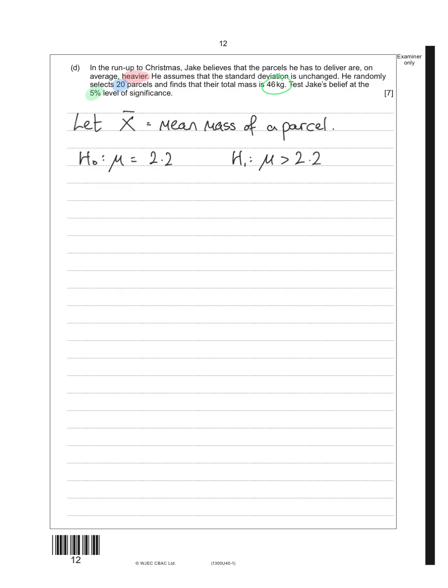Under H0, we can say that X bar is normally distributed, mean 2.2, and variance 0.3 squared over 20, and remember this is when you divide by your sample size. Our observed value, X bar, is 46 divided by 20, which I believe is 2.3.